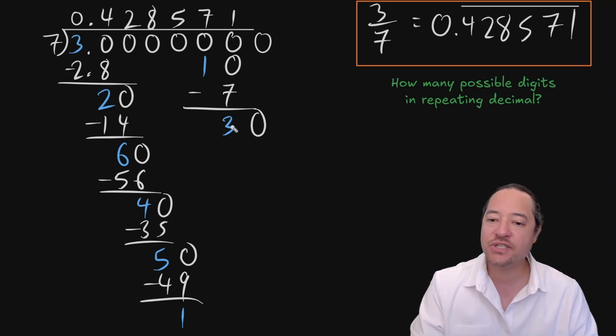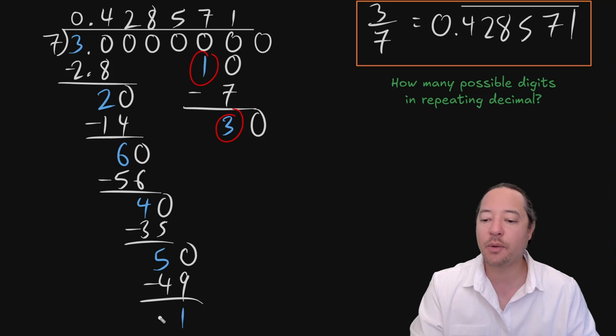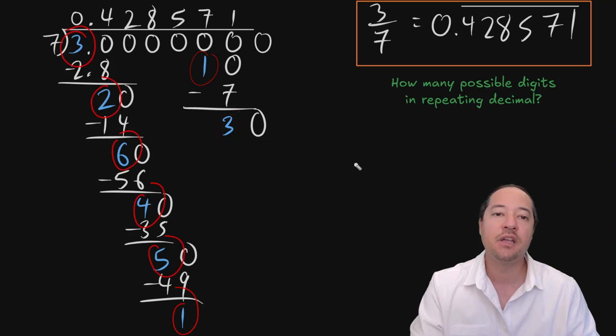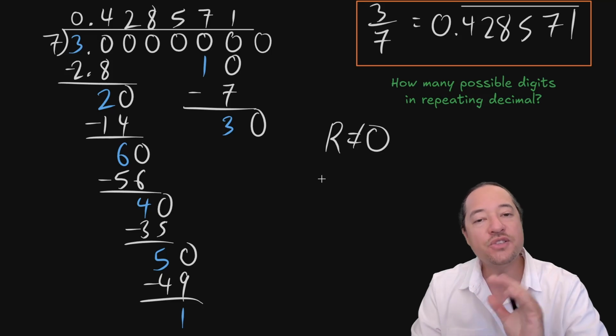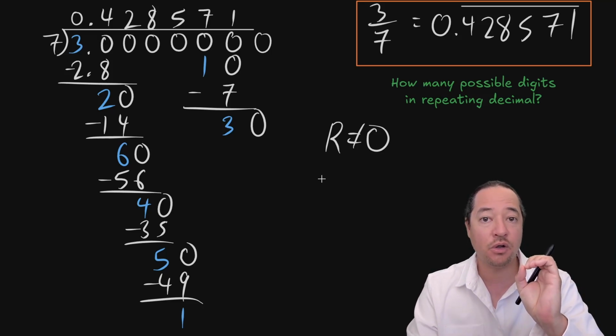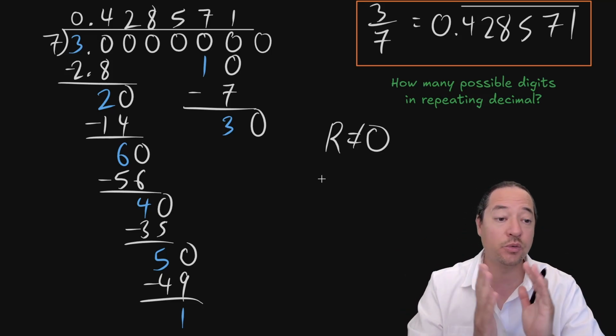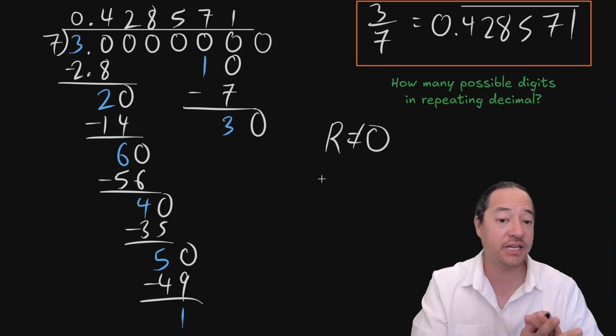The key to understanding this is in looking at the remainders that we get here, because they're the key to the pattern. We know it is impossible for us to get a remainder of 0, because once we get a remainder of 0, our answer terminates. We will not have an infinitely repeating decimal.